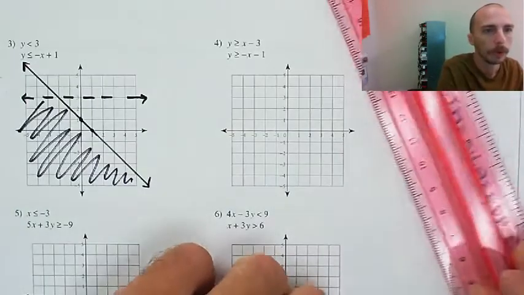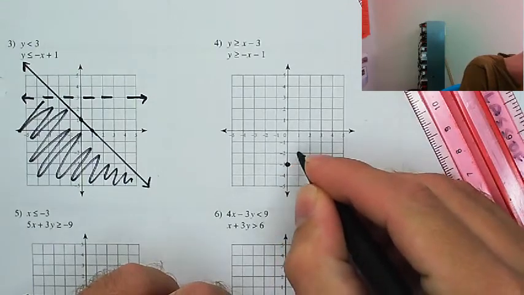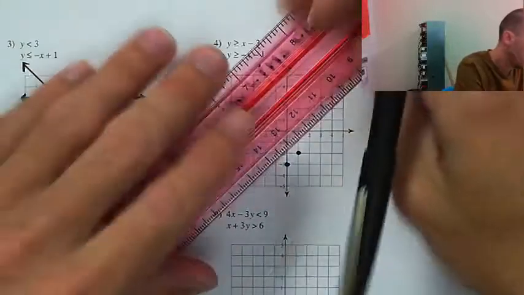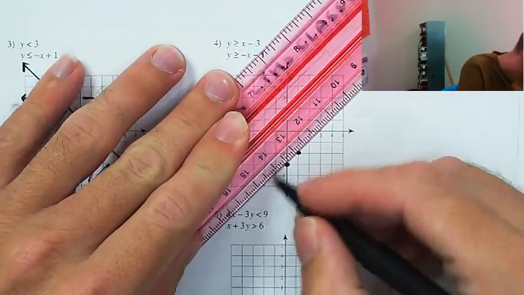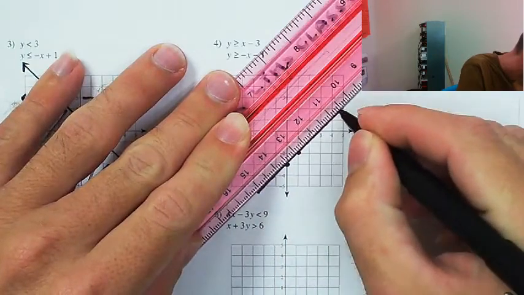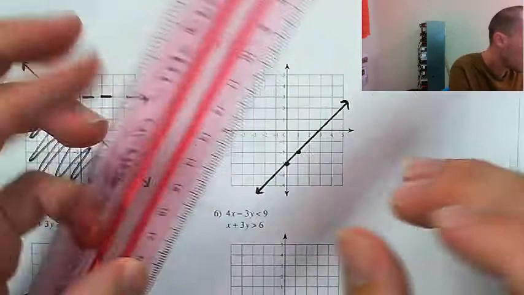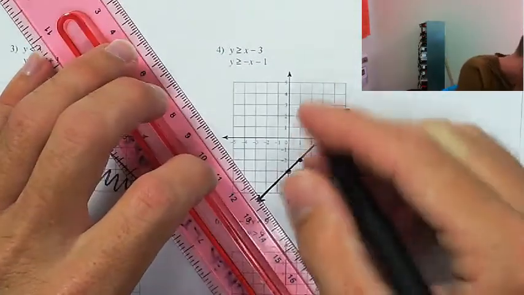Right, number 4. y is greater than or equal to x minus 3. Okay, so 1x minus 3, so go down to negative 3, slope of 1. Greater than or equal to means it's going to be a solid line, and it's going to connect these. And y is greater than or equal to negative x minus 1.